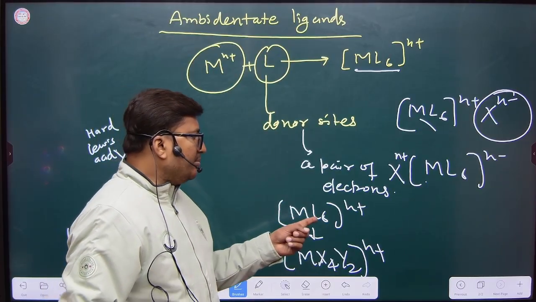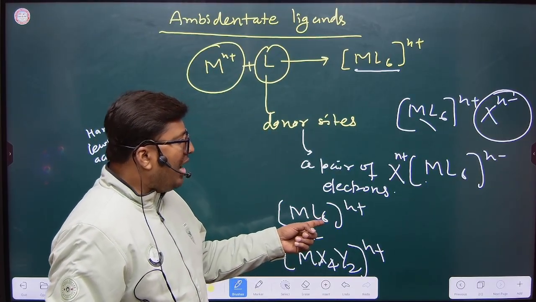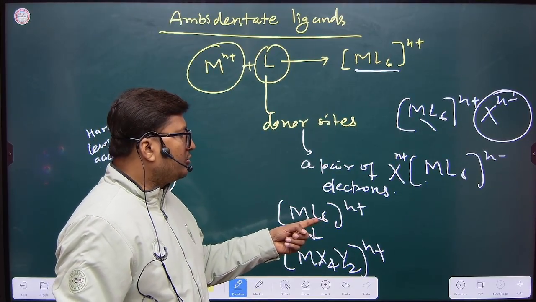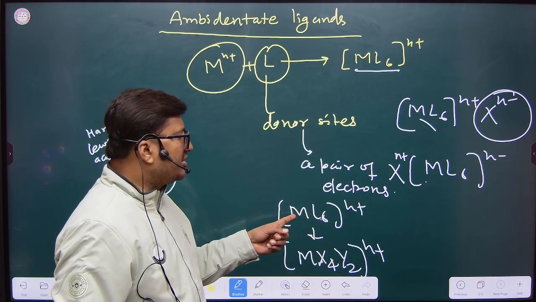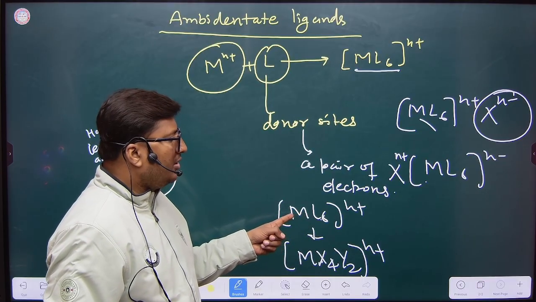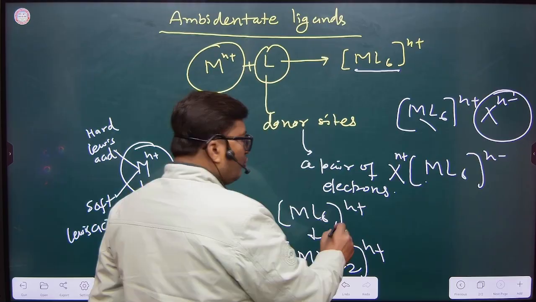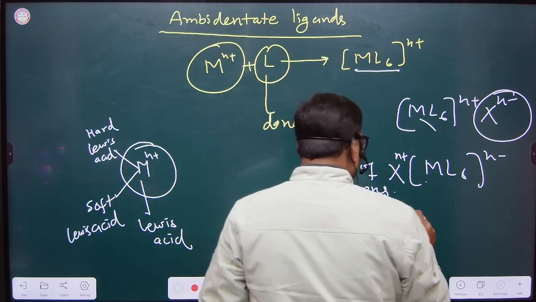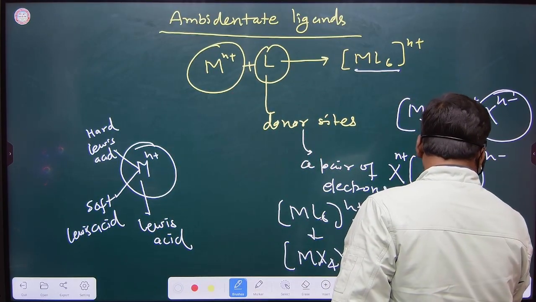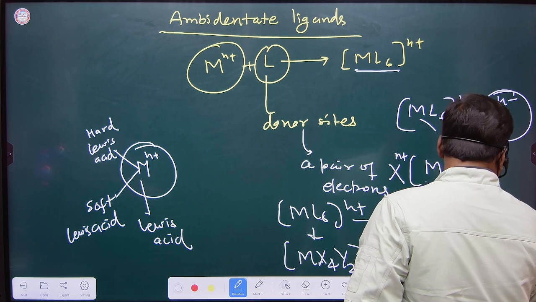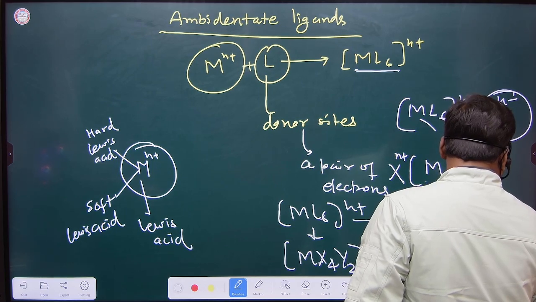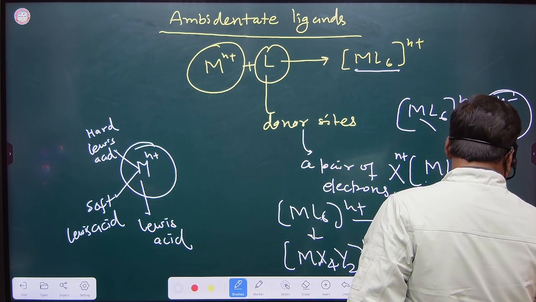This ML6 means all 6 ligands are the same and directly bonded to this metal cation, so it is a homoleptic coordination sphere.